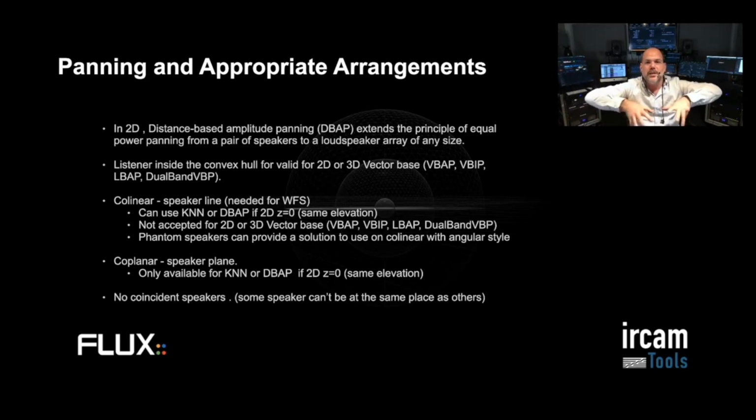You're not trying to surround, so you're going to be using a traditional 2D panning called distance based, which is based around the distance of the source to the speakers, no relationship to the listener. That's important. And then you'll have an equal power distribution. We'll show you this in 2 seconds.